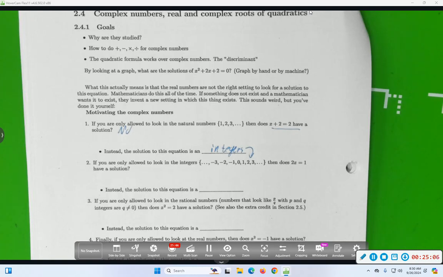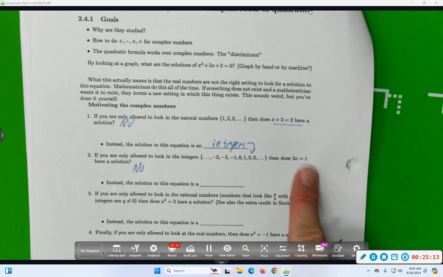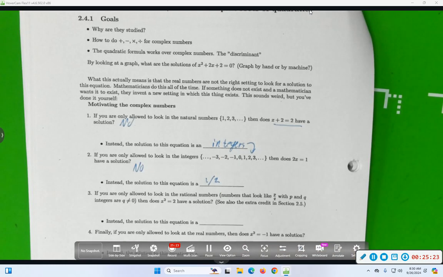So it doesn't have solutions if you only believe in integers. But it does have a solution. What's the solution to 2x equals 1? Right? So you need to believe in fractions if you want to solve equations that involve multiplication.